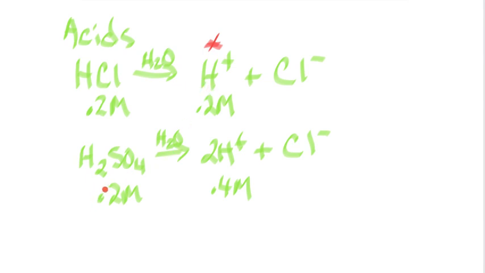In the case of sulfuric acid down here, if we have 0.2 molar sulfuric acid and all of the hydrogen ionize, we get 2 hydrogens for every H2SO4, meaning the concentration of the hydrogen ions will be 0.4. So you learned you can determine the hydrogen ion concentration given the molarity of the solution.